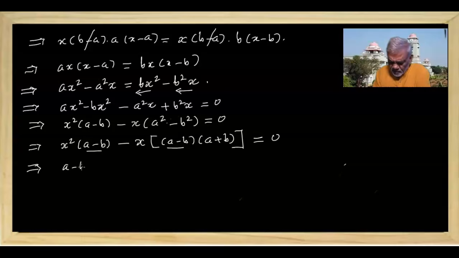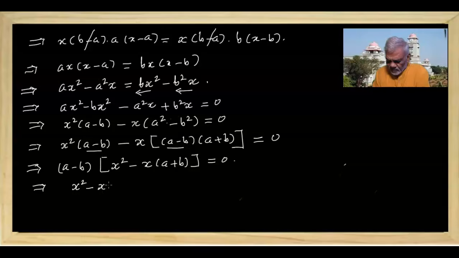So I can take this a minus b outside the bracket: x square minus x into (a plus b) is equal to 0. And cancelling this one both sides, the equation becomes x square minus x into (a plus b) is equal to 0.